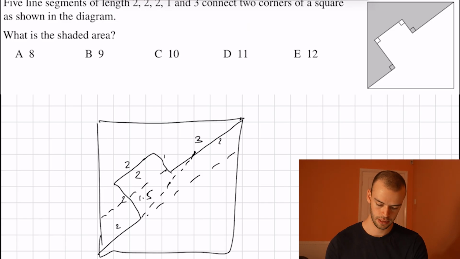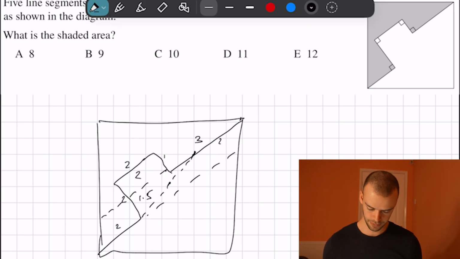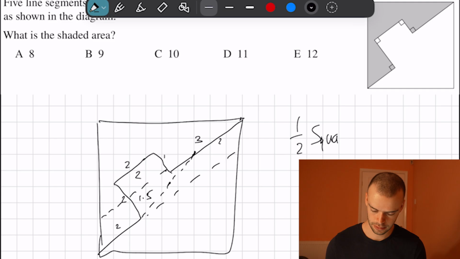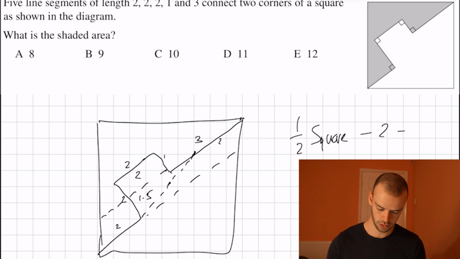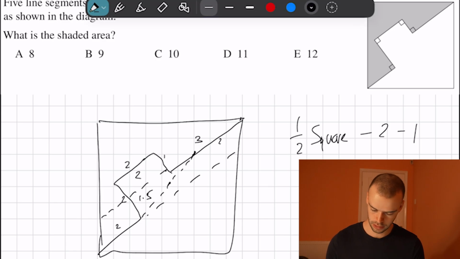Cool. So what we're saying is, if we have half of the area of the square, and we subtract 2, and we subtract 1.5, then that would be the area of our shaded region.